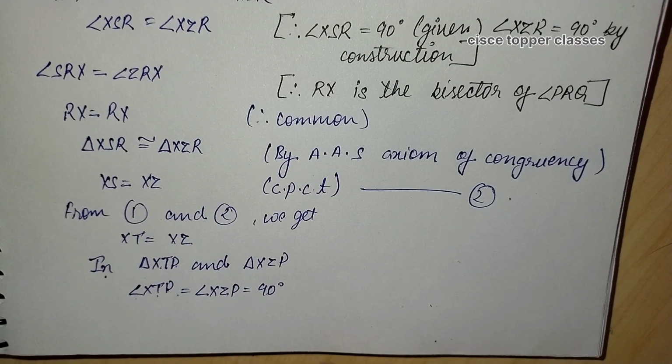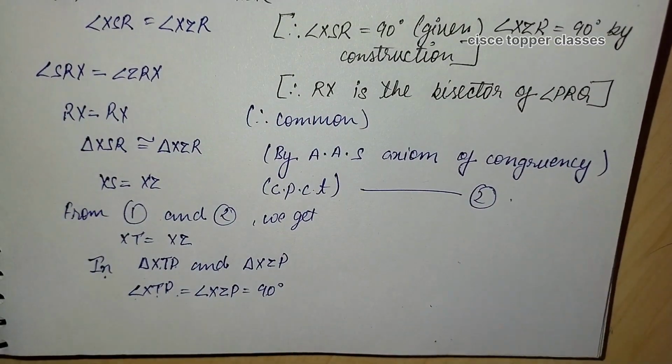We have to prove that PX bisects the angle P. From this we can simply prove that PX bisects the angle. This is the final thing which we have to prove here.